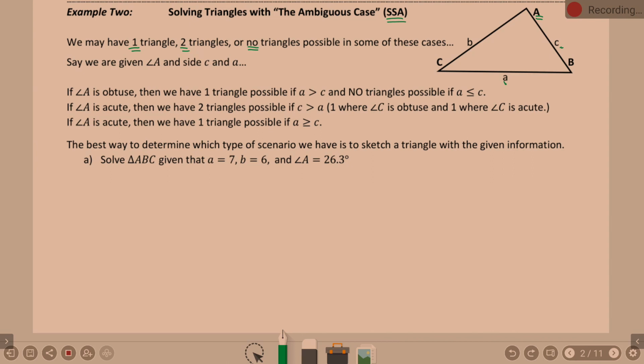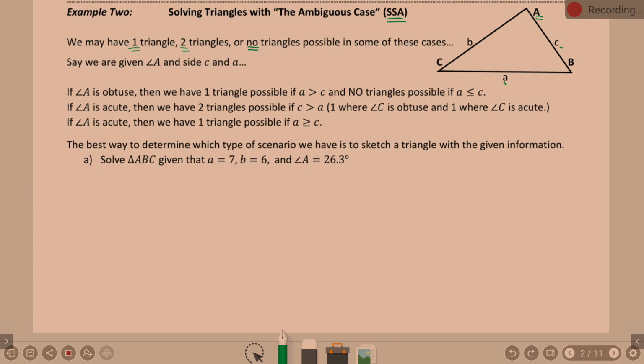Now, it'll come down to being able to look at the information and figure out what's going on. Sketching a triangle is sometimes helpful too. And that's kind of part of the way I'm going to take you through it. Sometimes it's how do we know how to draw the triangle, but there's not just one right way there. So, I think I have examples A, B, and C with this. Yes.